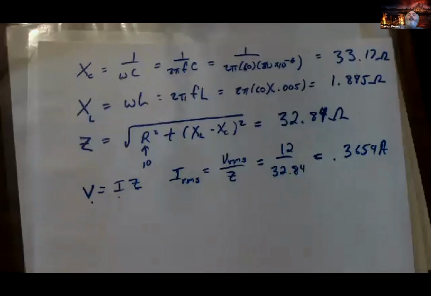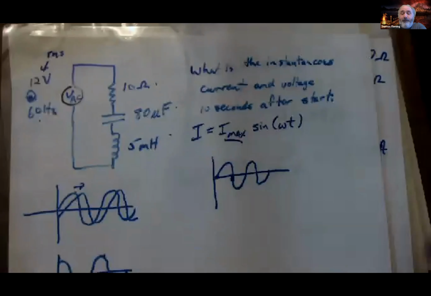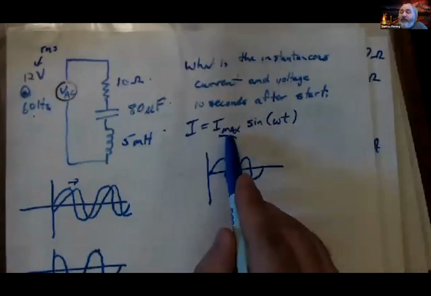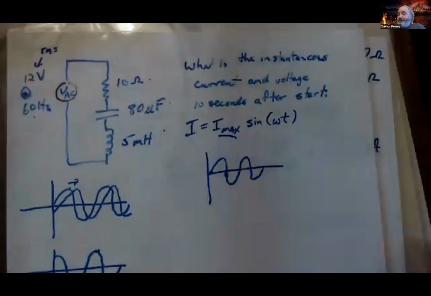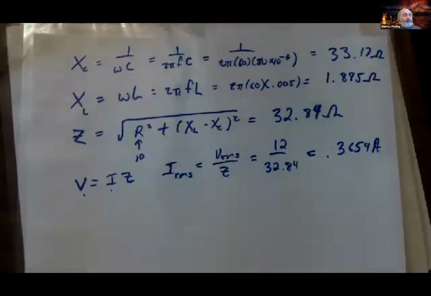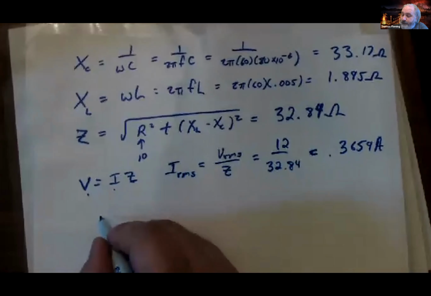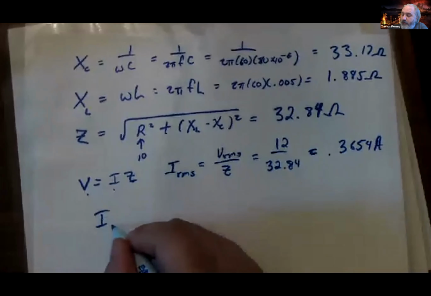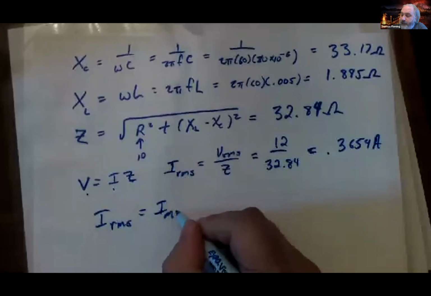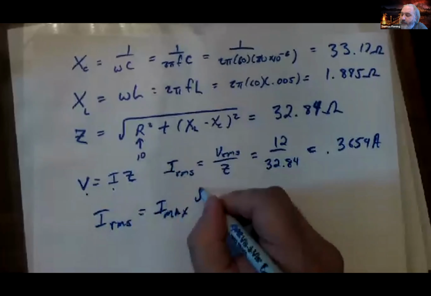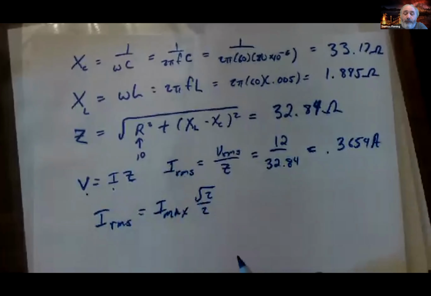So now I know the RMS current. Now, my expression for the current as a function of time is in terms not of the RMS current, but of the maximum current. So I need to know I max. However, I recall that the RMS current is always equal to the max current times the square root of 2 over 2.